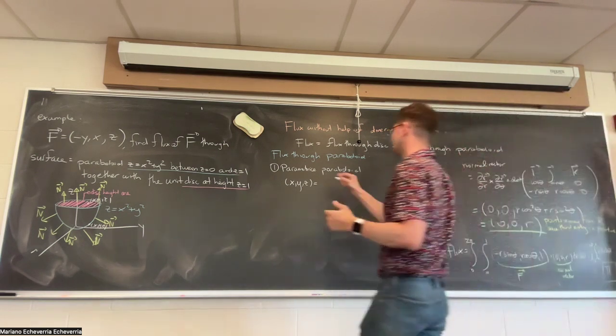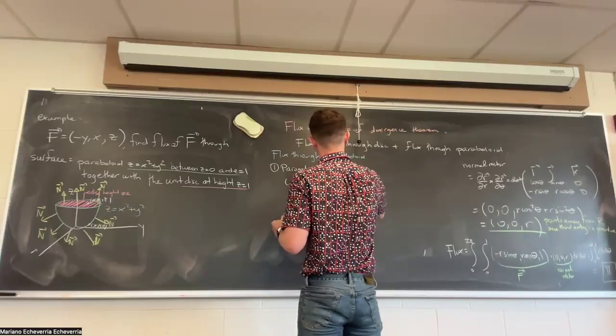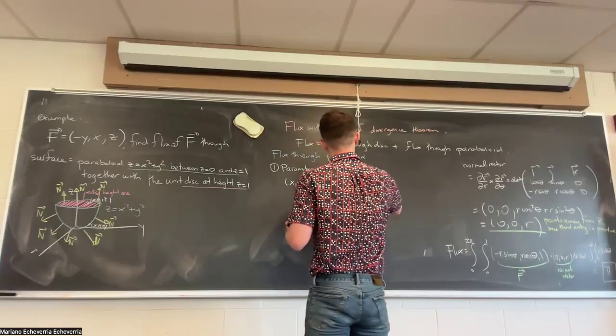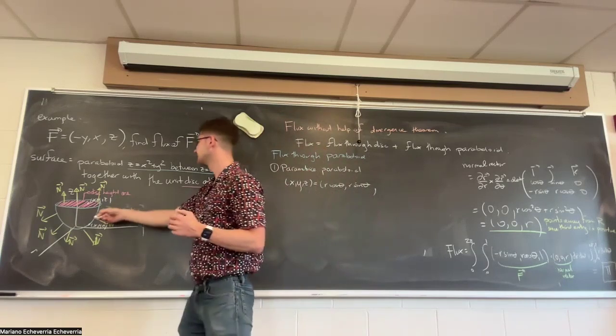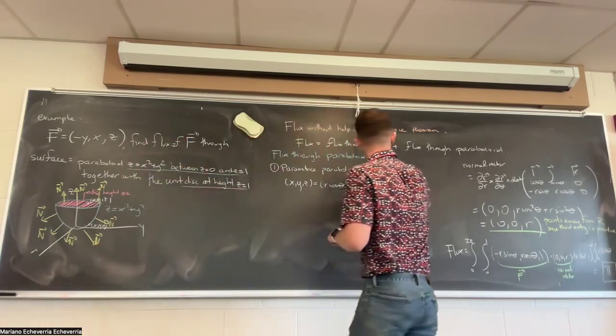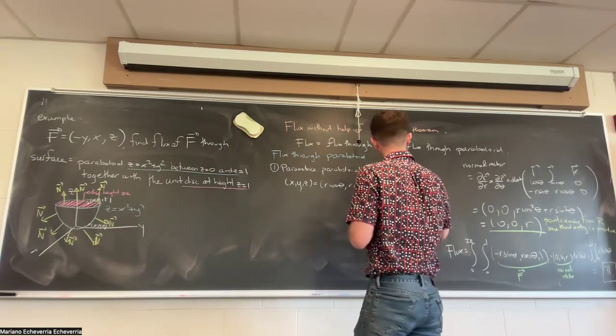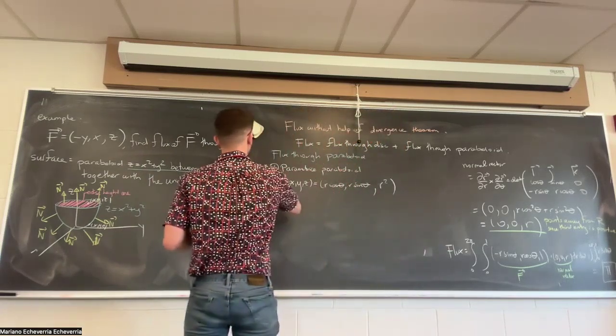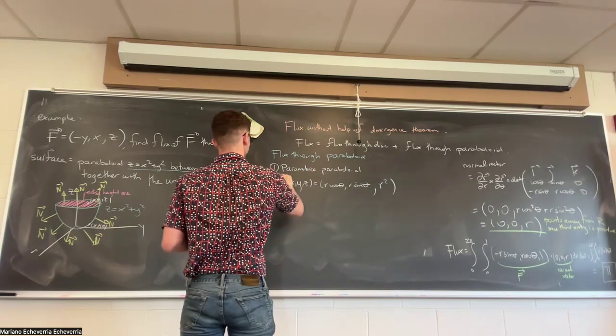So you can say that x is r cosine of theta, y is r sine of theta, and z is x squared plus y squared, so it becomes r squared, right? So that would be the parameterization of the paraboloid in terms of r and theta.